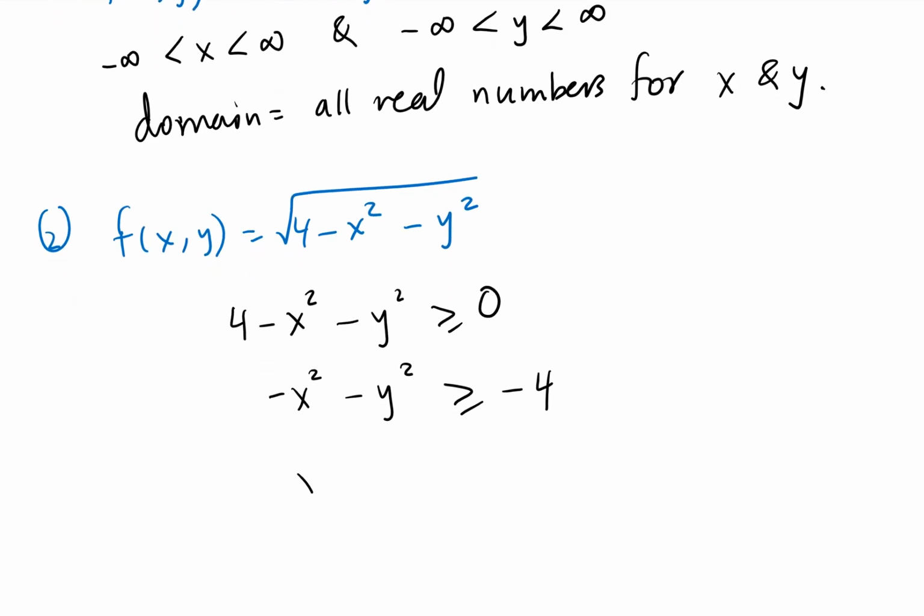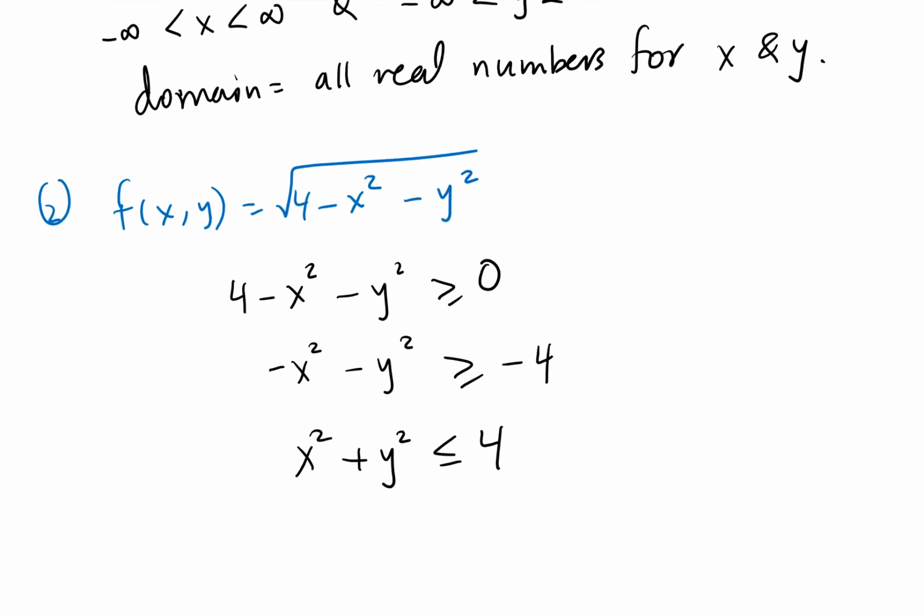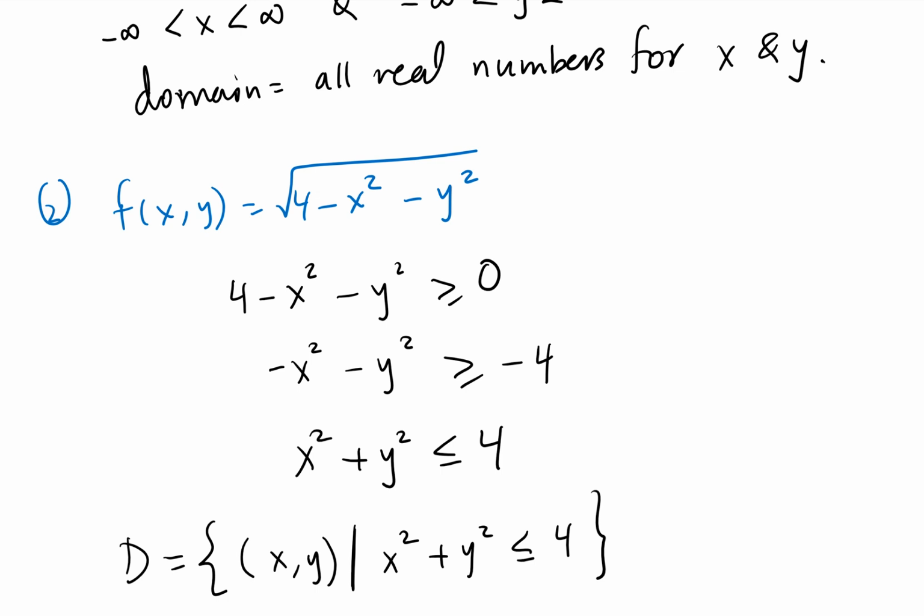And if you multiply by negative, you swap the inequality sign. So when we write the domain, we write braces x, y, and then we put a slash. That slash means such that x squared plus y squared is less than or equal to 4.